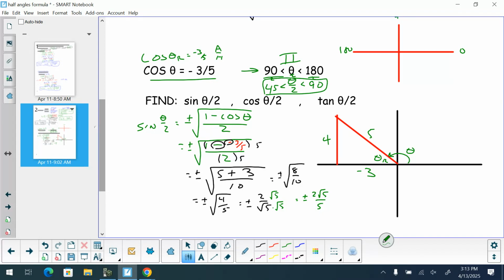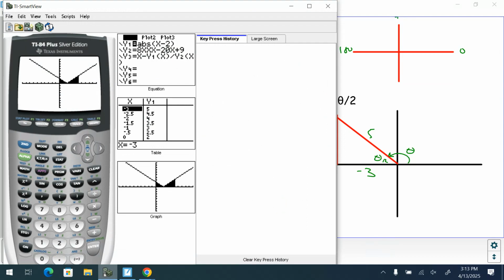So what I want you to do on your calculator is pick any number between 45 and 90, and take the sine of that angle.